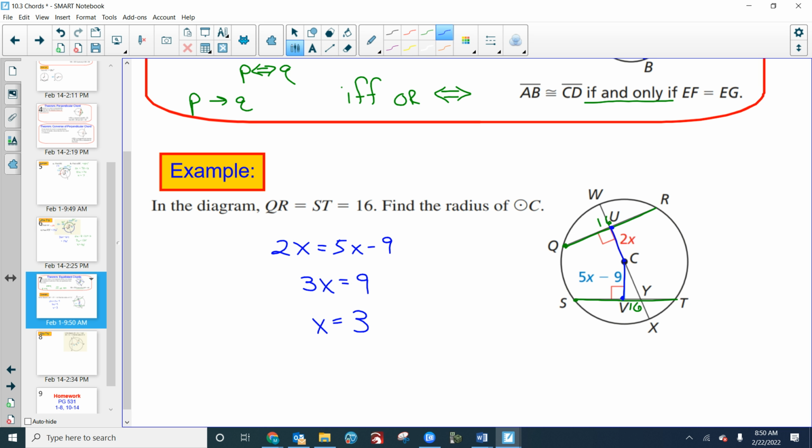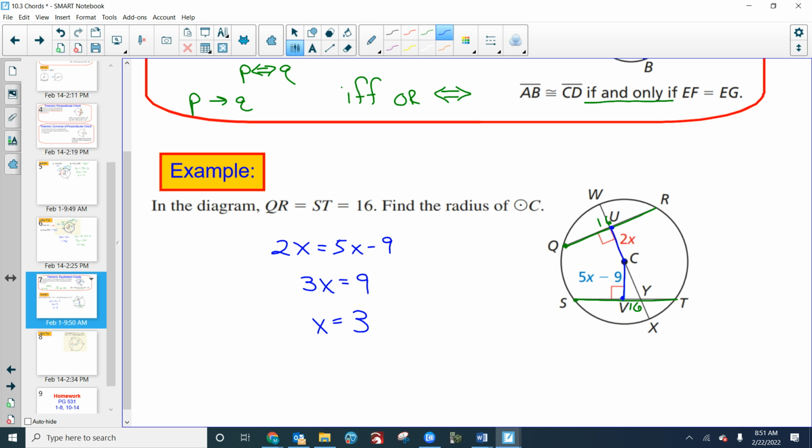Find the radius of circle C. That's another level, right? I mean, we solve for x, we're good up to there. Take a minute, talk to your table partners or to yourself if you're that kind of person.